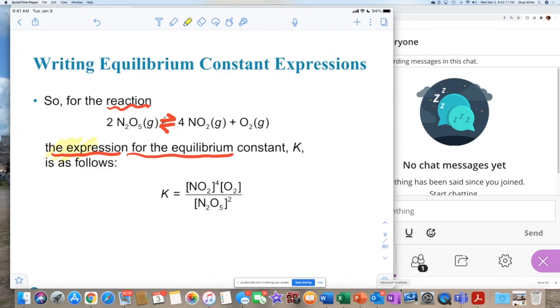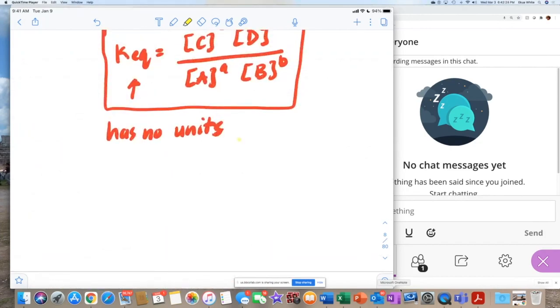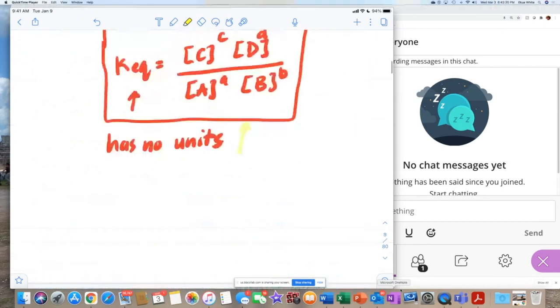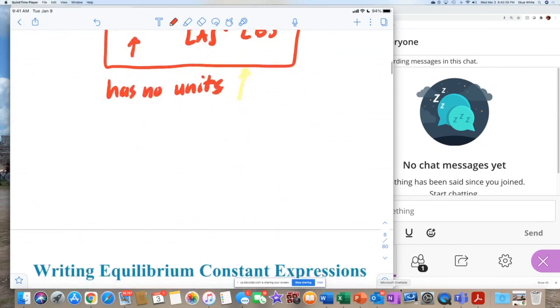You want to know this terminology, expression. Expression just means write the law of mass action, the one that we did right here, but do it for the chemical equation provided. If you were on the phone trying to describe this to someone, I'm going to write it out here in words, bear with me.